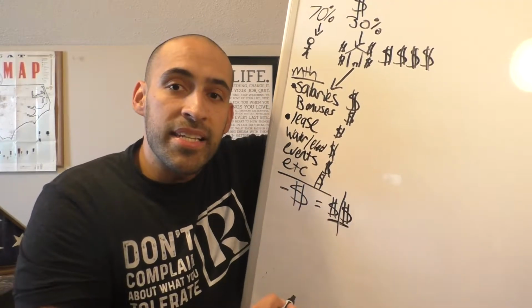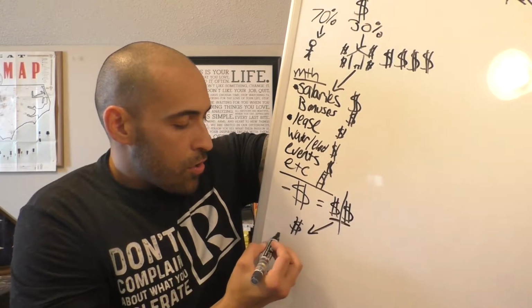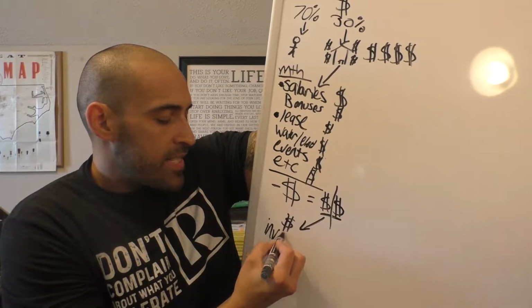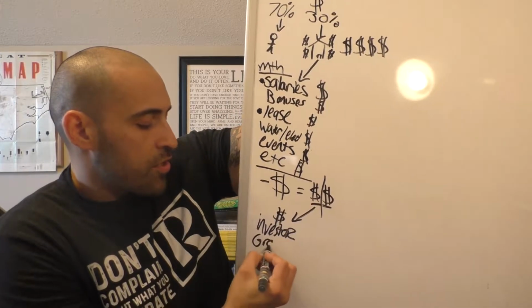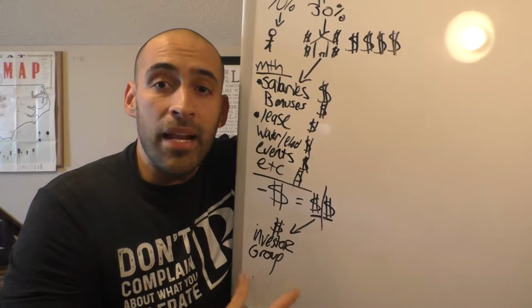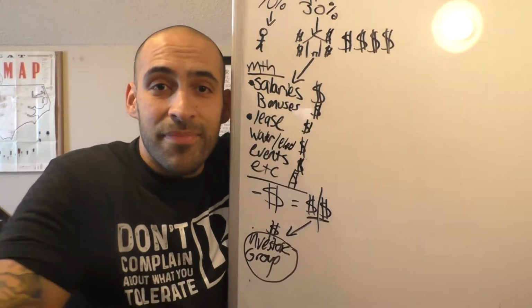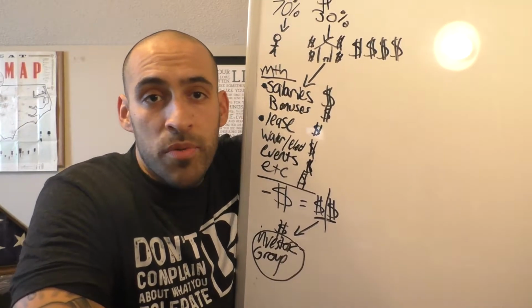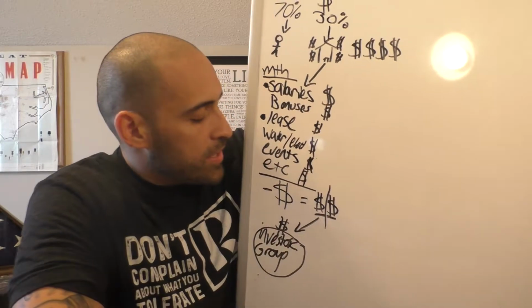Let's say half goes to the investor group. I don't know how big this investor group is. Depends. Maybe a small one, maybe a large one. Who knows how many investors invested into that KW Market Center at the time.